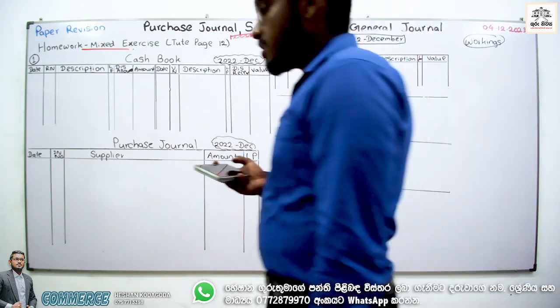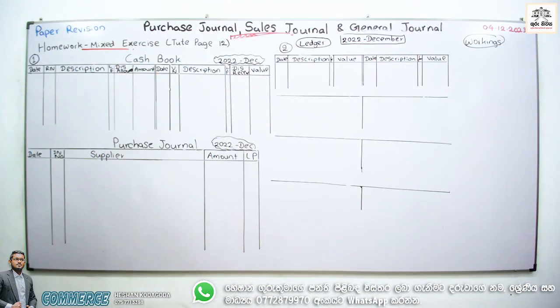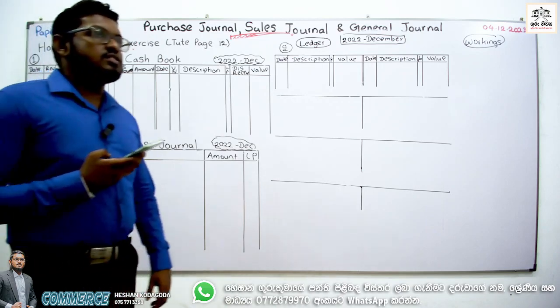Hurry up, you need to be quick. Draw the ledger accounts and raise your hands. I'm waiting for your raised hands. Then we can draw the cash book, purchase journal, and ledger.